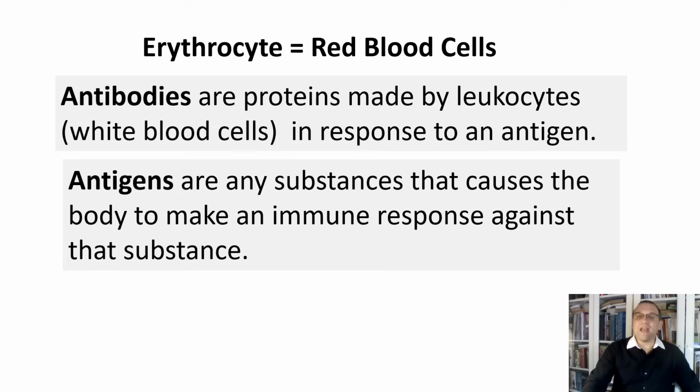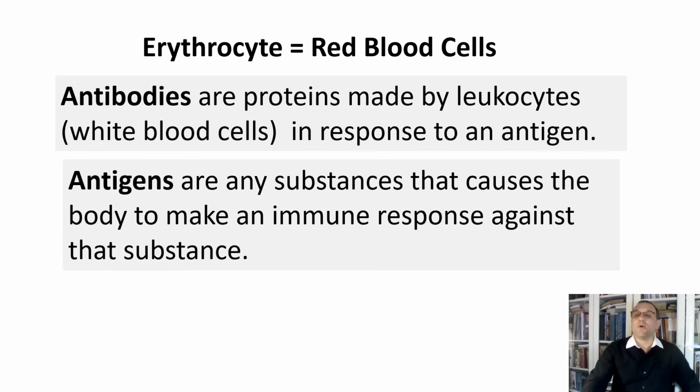I repeat again, antigens are any substance that causes the body to make an immune response against the substance. Often when people talk about antigens, they mean foreign particles that come from outside the body. It could be a toxin, a foreign chemical, virus, or bacterium. Something that does not belong to the body of a certain organism, including humans.